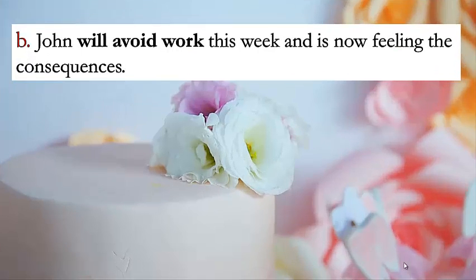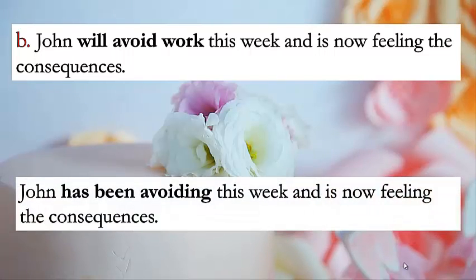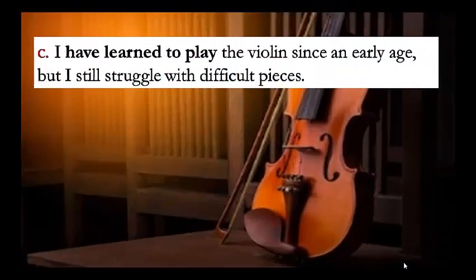Next sentence, John will avoid work this week and is now feeling the consequences. John has been avoiding work this week and is now feeling the consequences, also present perfect continuous.